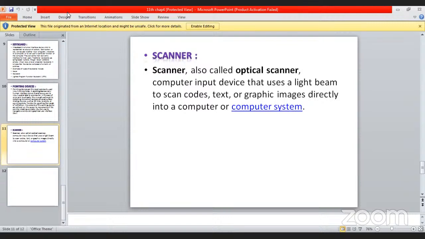We can choose a good scanner by considering the following points. First is the number of dots per inch, DPI, then the bit depth requirement, the type of scanner you prefer, as well as the scanning area, resolution, and software compatibility.